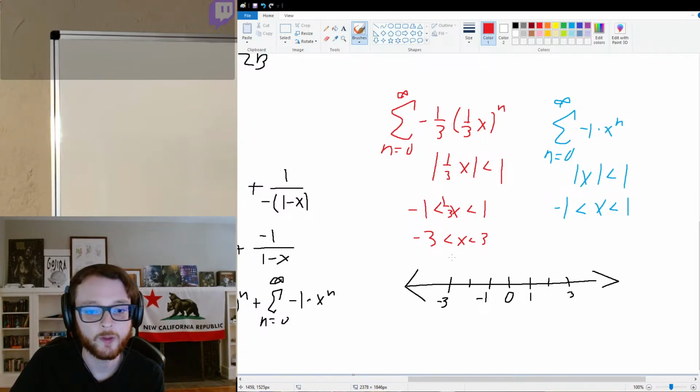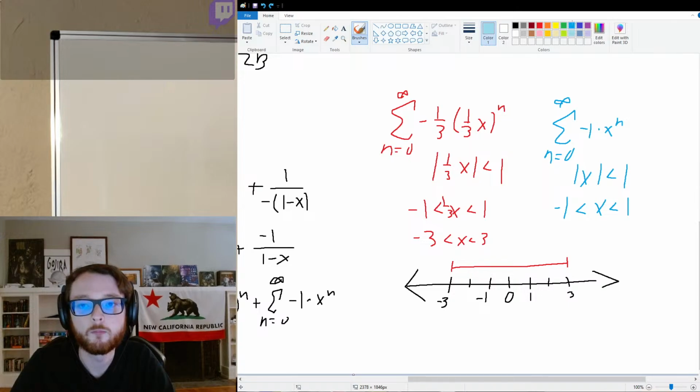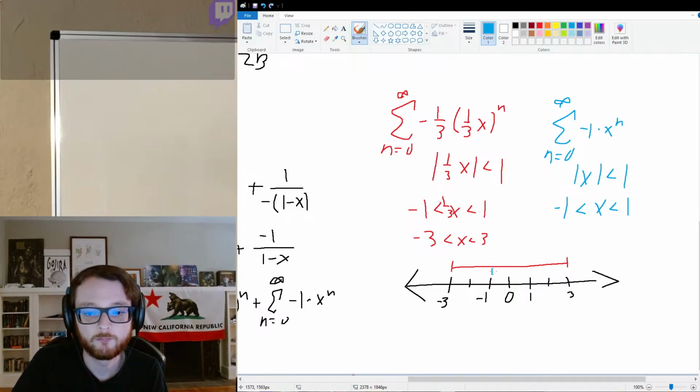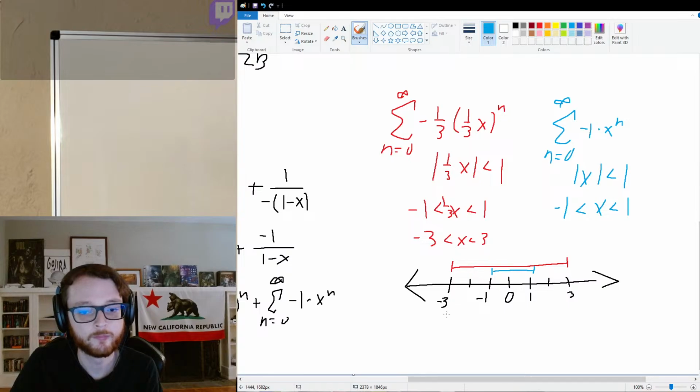This red series on the left converges for negative 3 to 3, all of these things. But this blue series on the right only converges for negative 1 to 1.